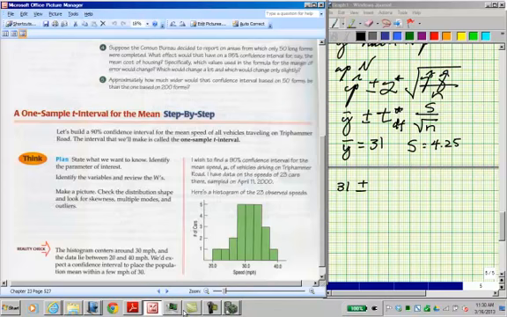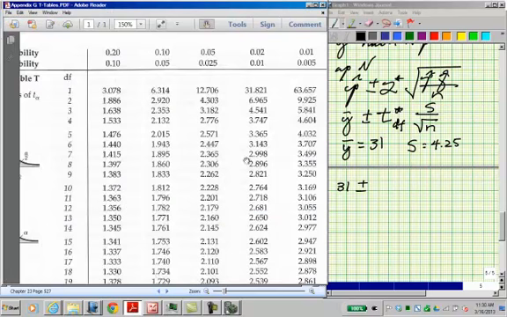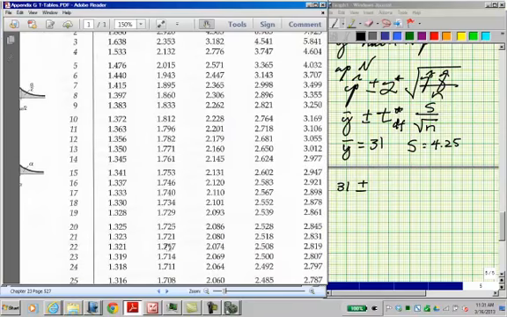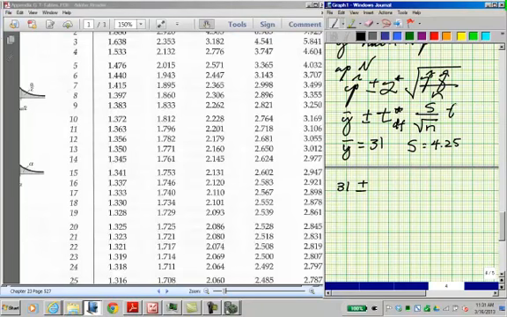So let's go to our chart. 90% is going to be right here, and the degrees of freedom is 22. So t star sub 22, that's degrees of freedom, is 1.717.